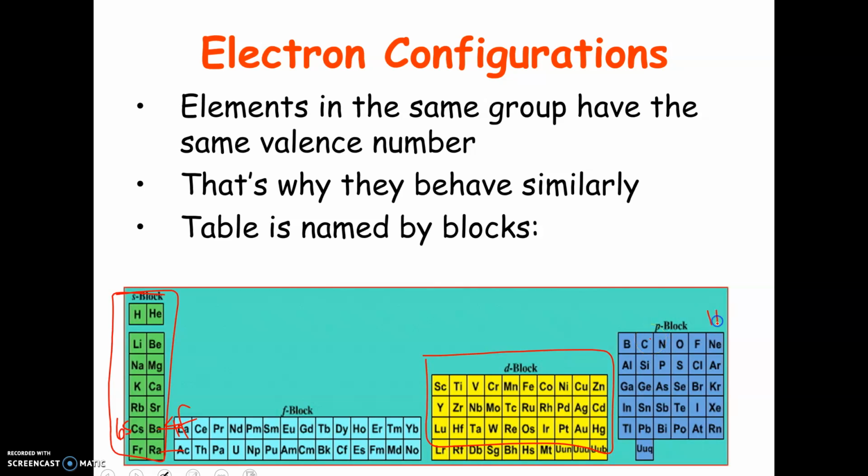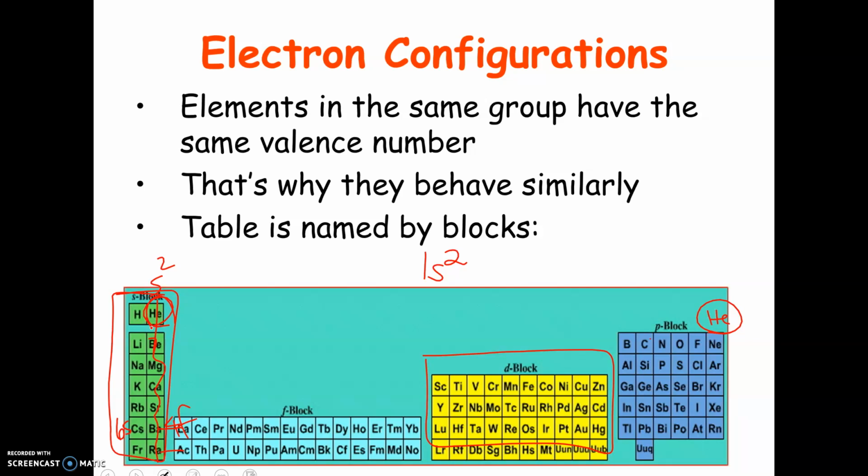Notice helium, even though it's up here, it's actually part of S block because helium ends with 1s2. We don't usually put it over here because it's not a metal. If you put it over here, where the other things that end with s2 are located, these are all alkaline earth metals. But helium's not. It's a noble gas because its shell is completely full.